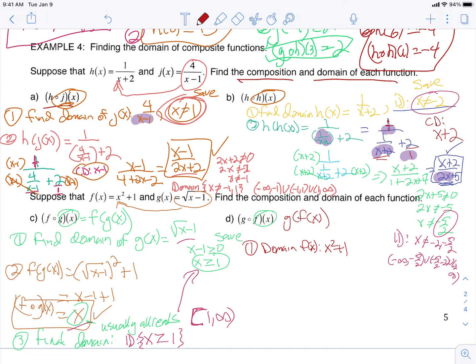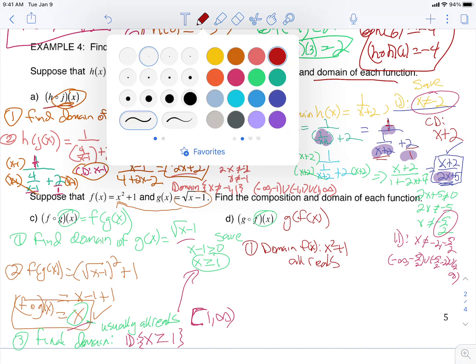And I know, if we weren't recording this and I asked you guys to do it on your own, some of you guys would say, well, you're going to set x squared plus 1 to not equal to 0, or you're going to say it's greater than or equal to 0. But just step back a second. x squared plus 1 is a quadratic. That means that my domain is all reals. Okay, it's a quadratic equation. I could put in any x value and it works. So my domain is all reals.